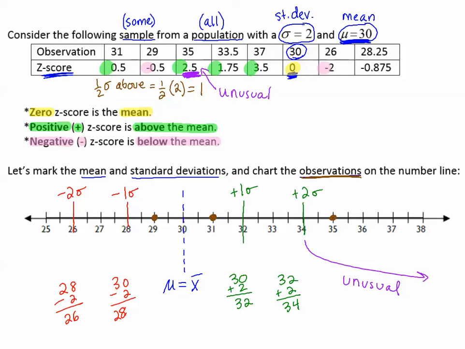Let's continue charting more observations. 33.5, 37, another unusual data point, 30, right on the mean because the z-score is 0, 26, and 28.25.